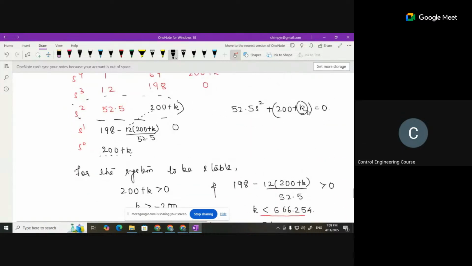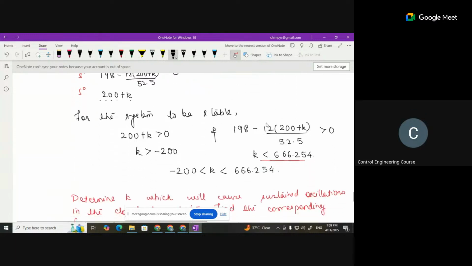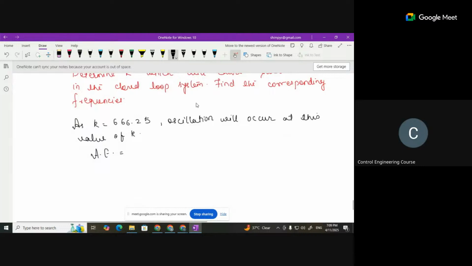Correct? And I have the value of k as 666.25. So for that value of k, can I find out the frequency of oscillation? Yes. So I can write it here as 52.5 s square plus 200 plus 666.25 equals 0.